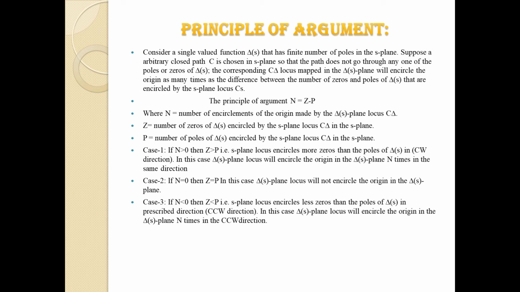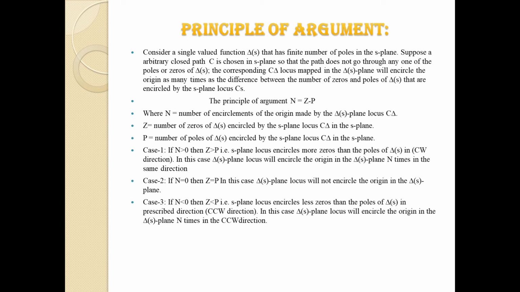So now consider a single valued function delta S that has a finite number of poles and zeros in the S plane, and C is an arbitrary closed path or contour chosen in the S plane so that the path does not go through any of these poles and zeros.